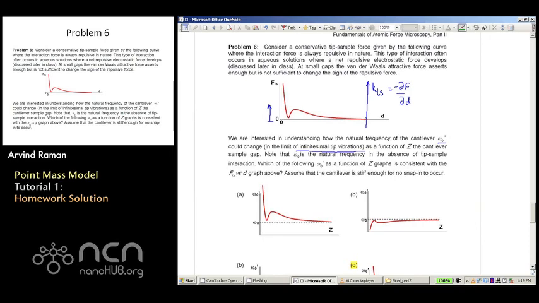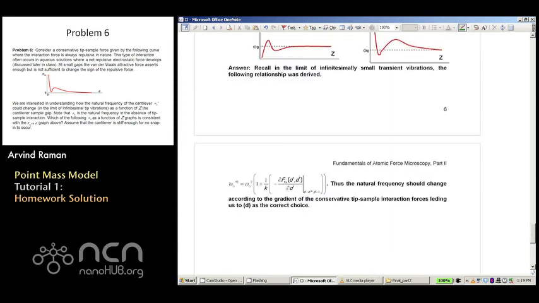I'd have a repulsive gradient, a positive gradient, but at the point where this reaches 0, the gradient would become 0, and then here also the gradient would become 0, and then it would actually come out after that, right?